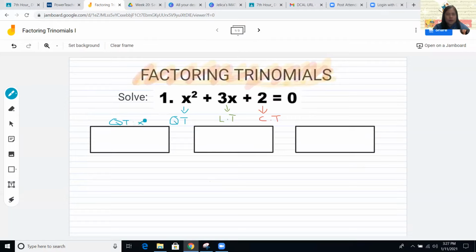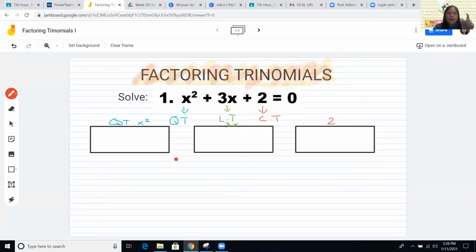So we write x squared in here. For the linear term, we will also specify it. The linear term is 3x. So let us use 3x in here. And for the constant term, we have positive 2 in here.